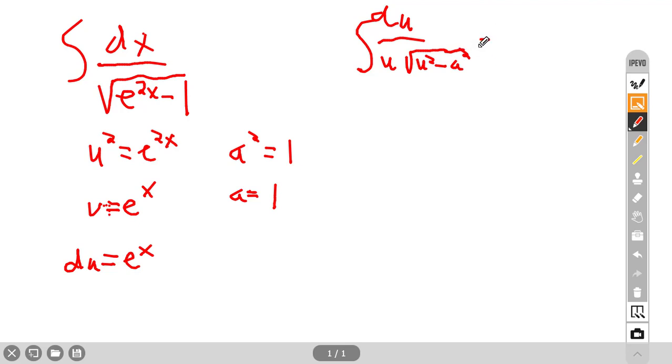And when you get it to match up, that equals 1 over a arc secant of the absolute value of u over a, plus c.